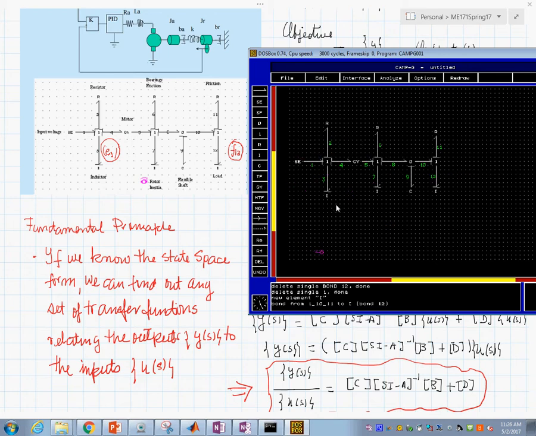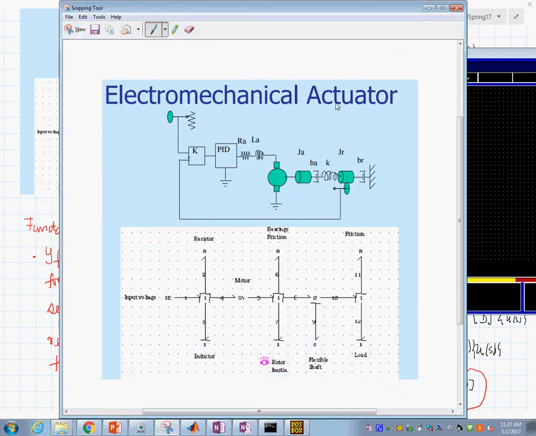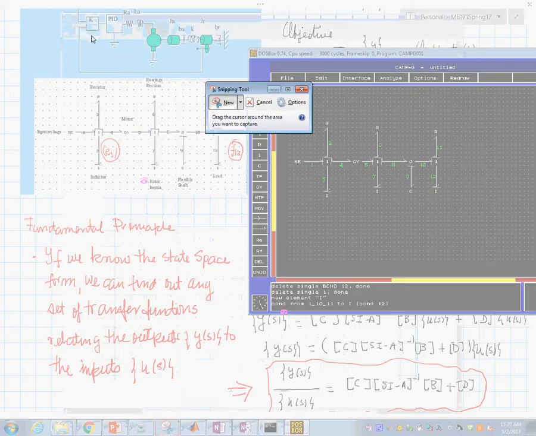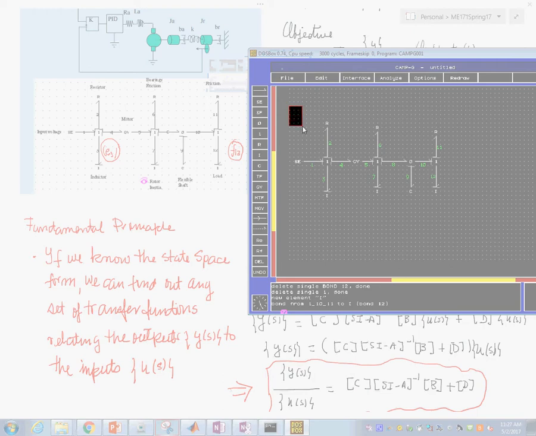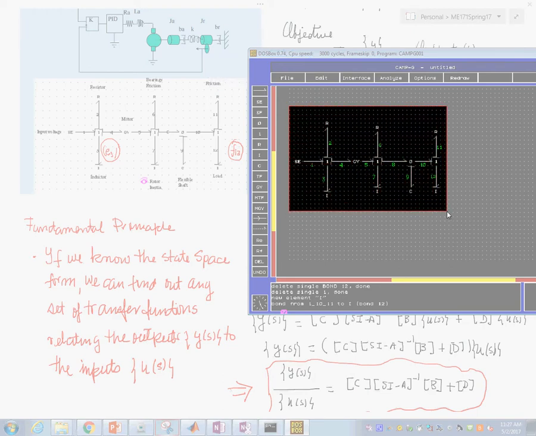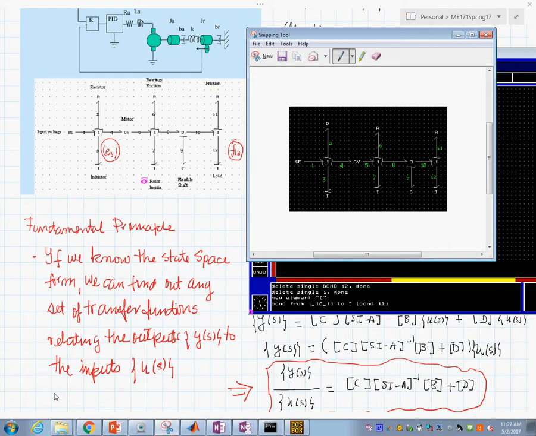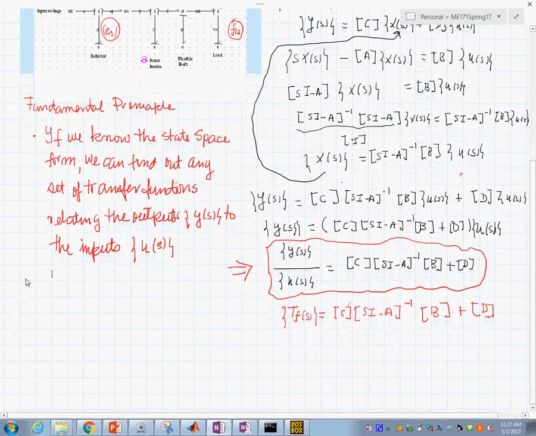I am going to save this picture right here so that we know exactly the bond graph that we entered, and we put it in our notes over here.